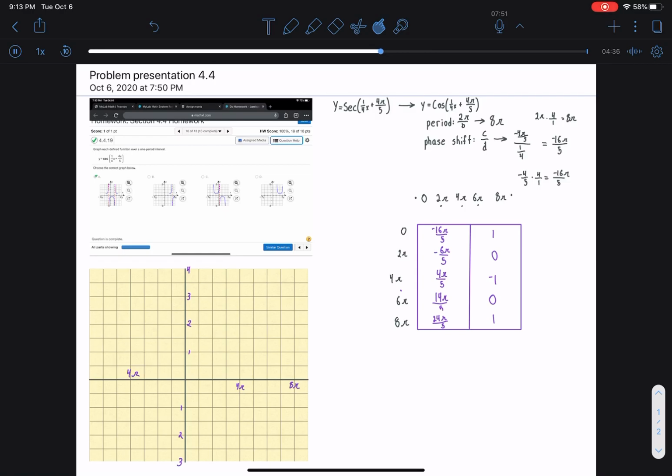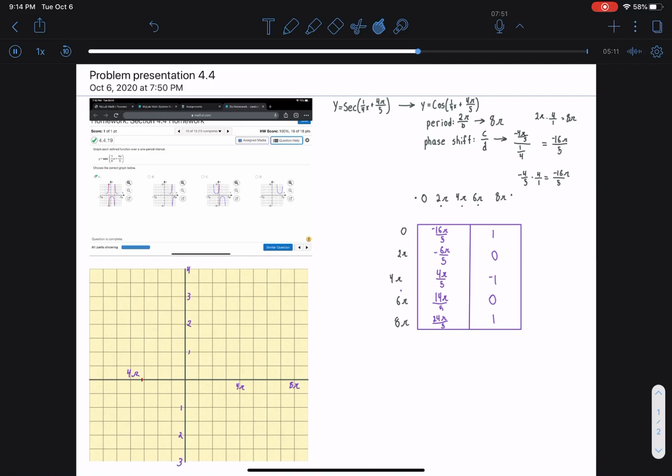Alright, so the first one, negative 16 pi over 5, is going to be way over here. It's going to equal 1. Let me just use this nice red. 16 pi over 5 is going to be right around here. It's right in front of 3.